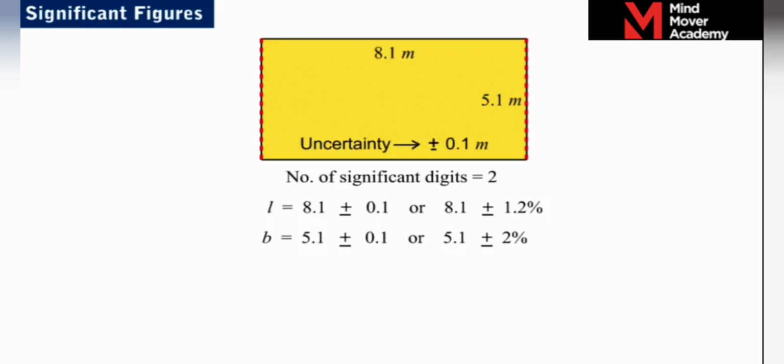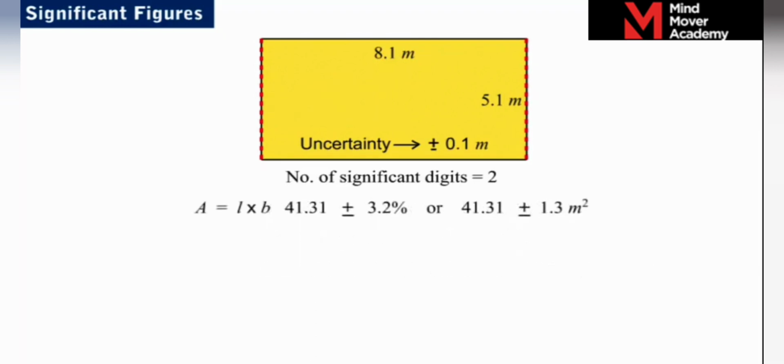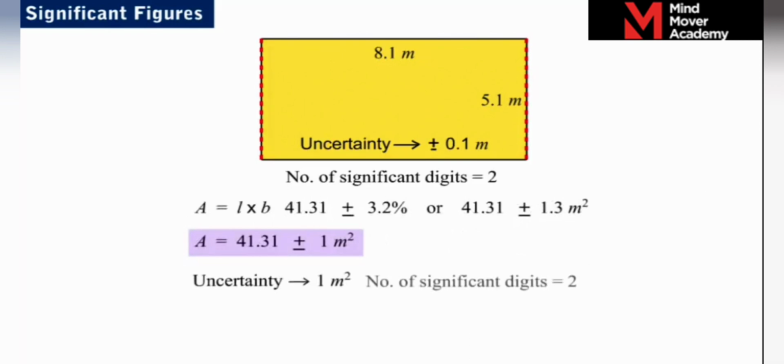Hence, using the combination of errors rule, the area of the field calculated as the product of these two quantities would be 41.31 plus or minus 3.2% or 41.31 plus or minus 1.3 square meters. We can report this as 41 plus or minus 1 square meter. Here, 1 square meter is the error in the result. Thus, the result has also 2 significant digits, which is the same as the original data.